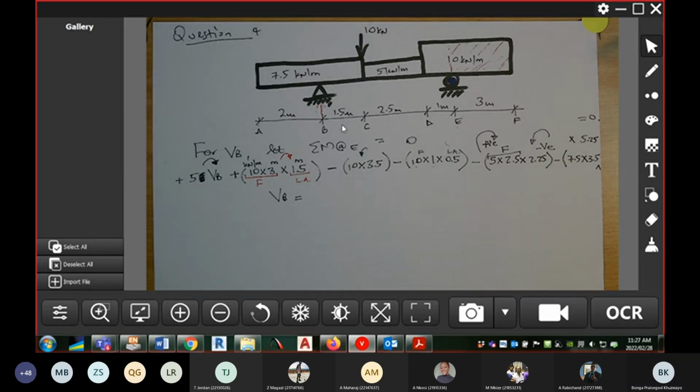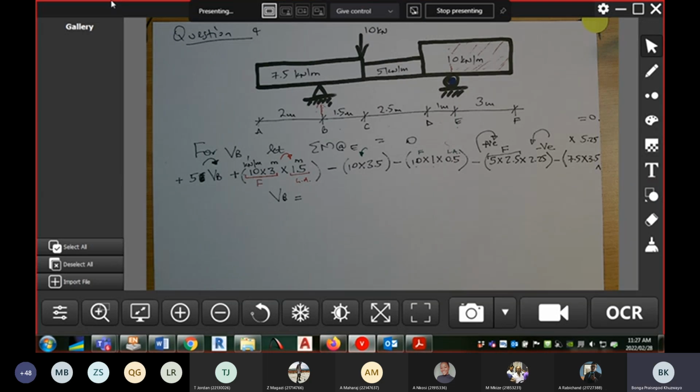How about 56.5625 kilonewtons going up? Oh no, excuse me. I read the other answer. Our VP is 32.1875 kilonewtons. Okay, let me just check something here.